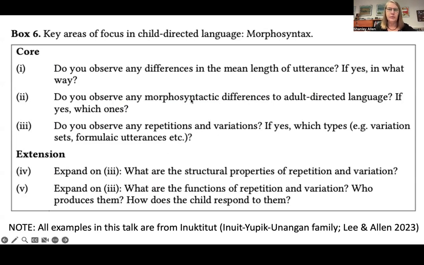For whatever reason, we expanded mostly on question 2 and not at all really on question 3, but depending on what's happening in your data, what you're interested in, and what makes sense for your language, you should focus on what you would like to.